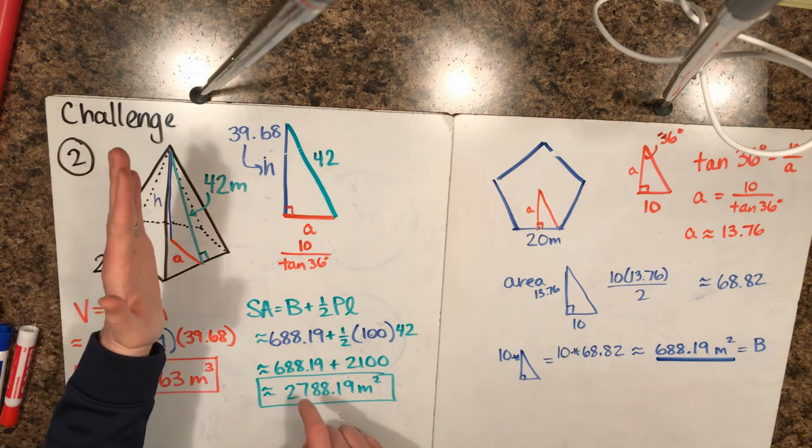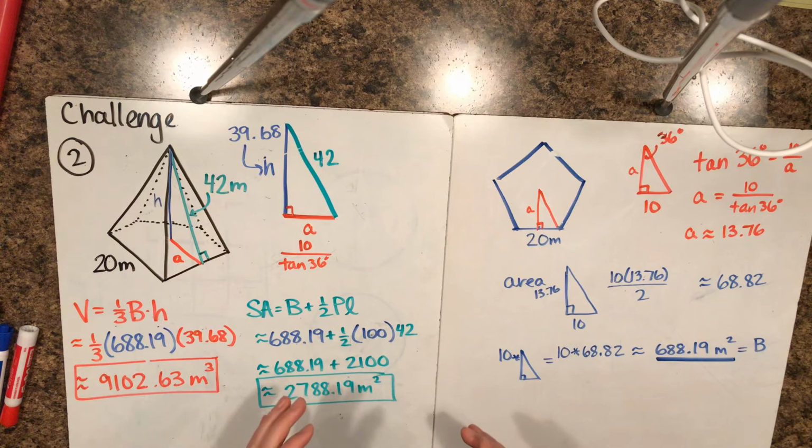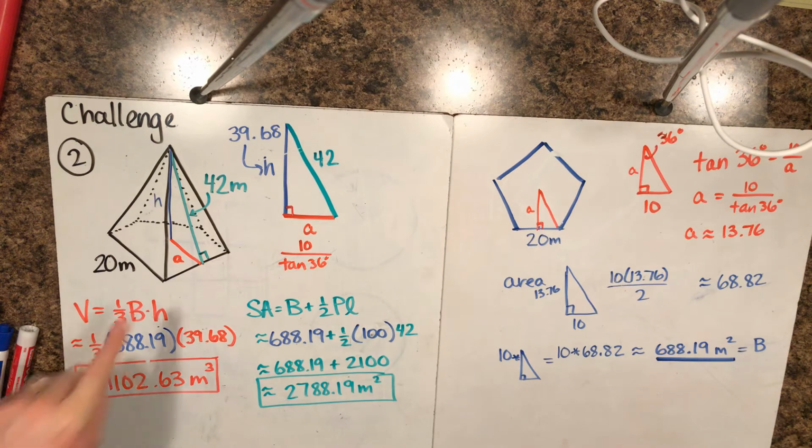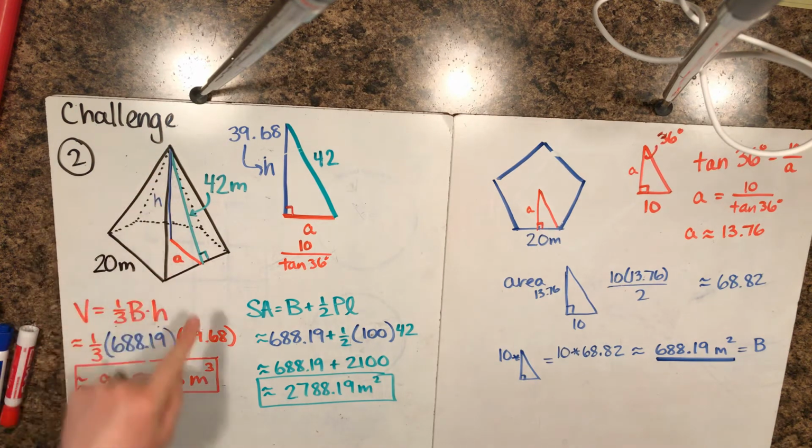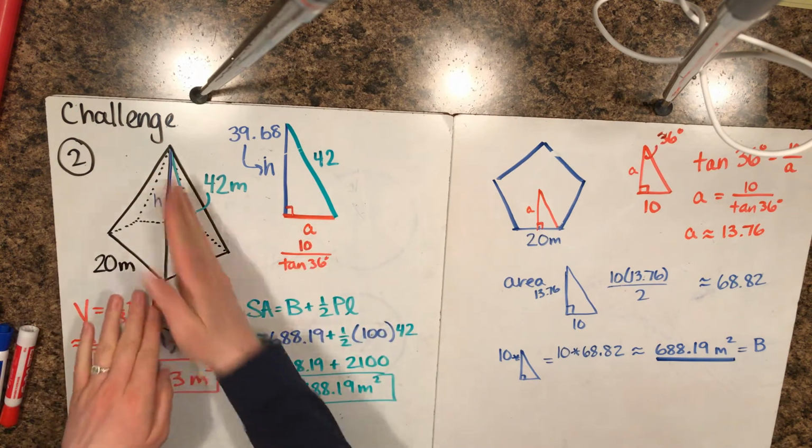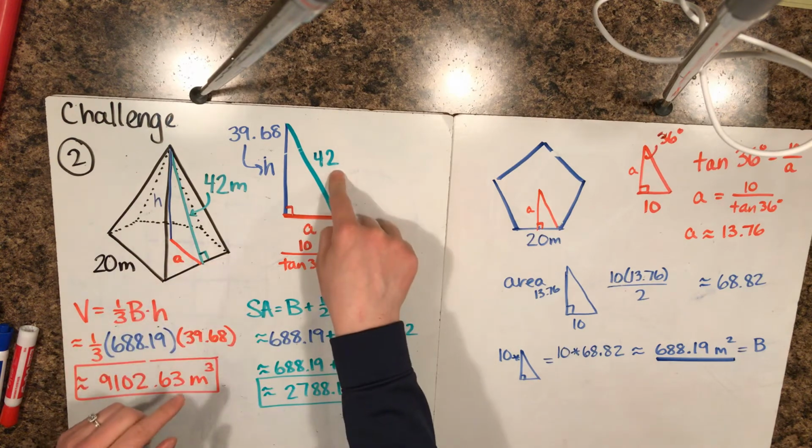When you think about Mr. Kleinhenz's video, he gave you an actual height by putting the pen or pencil straight down the middle of the pyramid. Okay? And so what we have to do is use that idea and the Pythagorean theorem to help us find the height. Now 42 is the slant height, that was given.